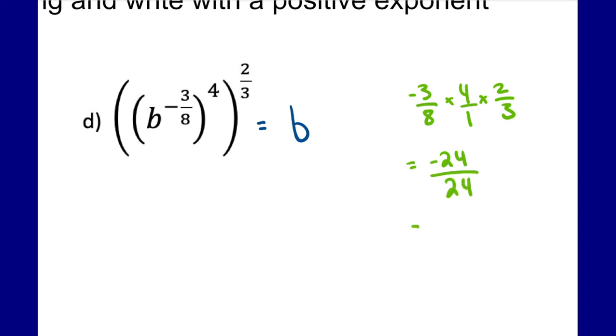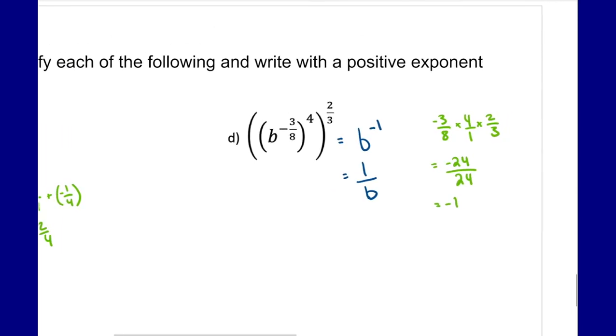So negative 24 over 24 simplifies to negative 1. This means that this entire power simplifies to b to the power of negative 1, which is the same as saying 1 over b. We could put positive 1 there, but really that doesn't change anything.